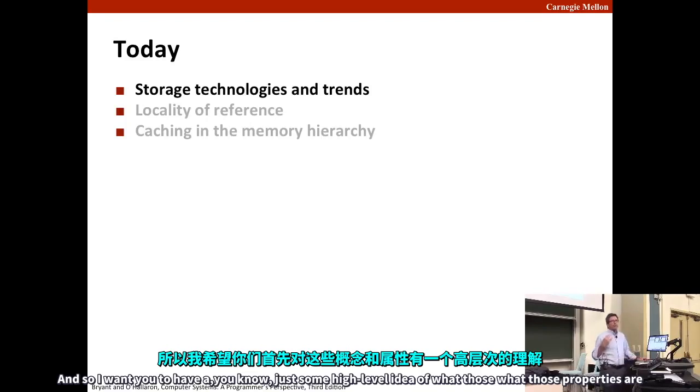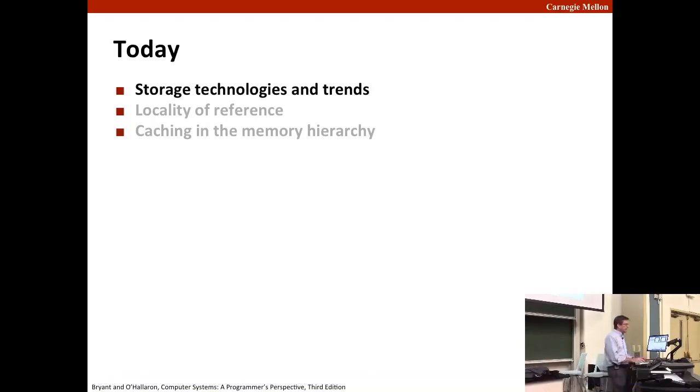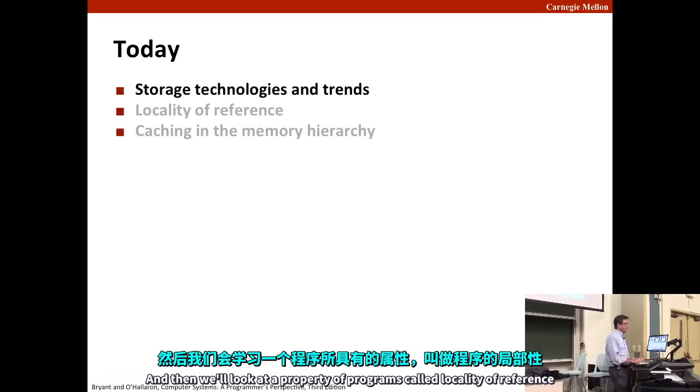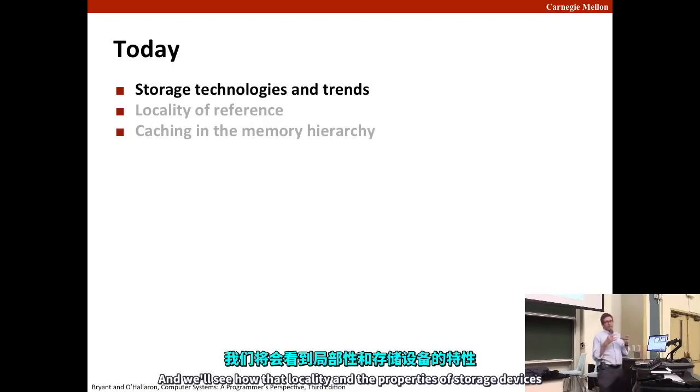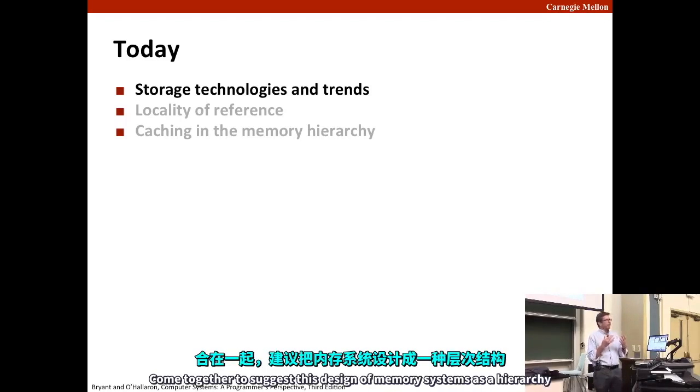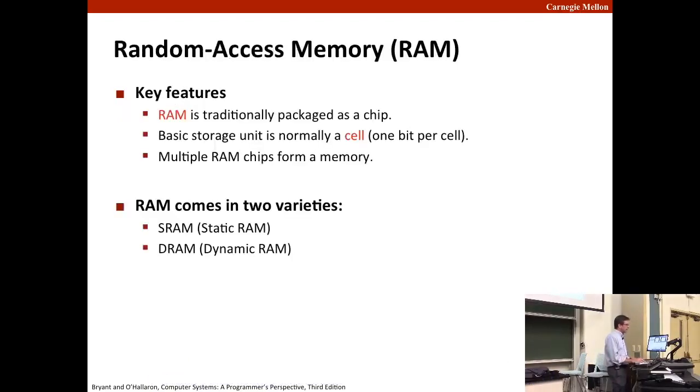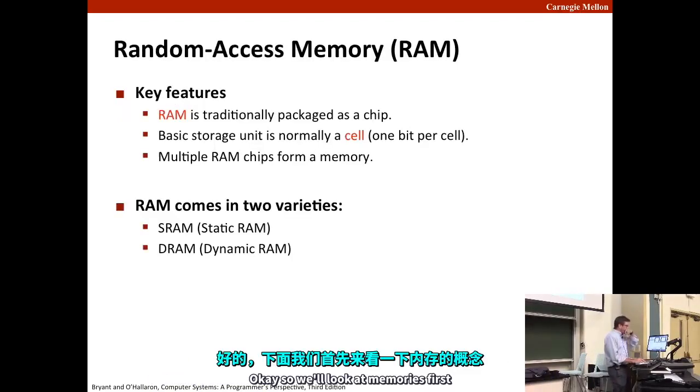I want you to have just some high-level idea of what those properties are. Then we'll look at a property of programs called locality of reference, and we'll see how that locality and the properties of storage devices come together to suggest this design of memory systems as a hierarchy.